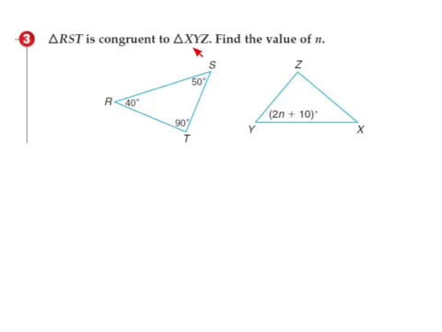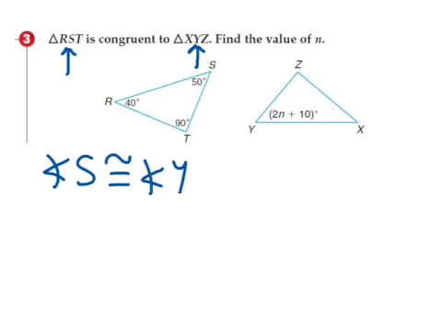Angle Y is the second vertex listed in our second triangle. So we want to make sure that this angle is congruent to angle S, since angle S is the second vertex listed in the first triangle.